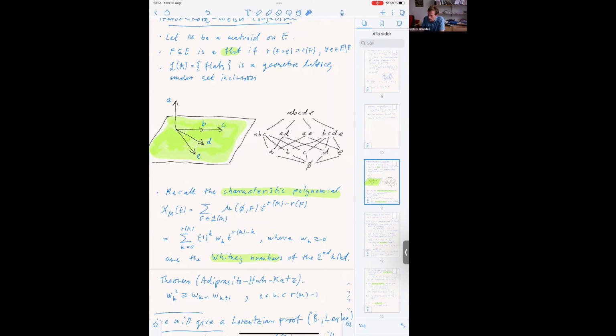So then this collection of all flats is a geometric lattice. And here we have one example of such a thing with 4 vectors in a plane and then 1 vector orthogonal to the plane. And this leads to this lattice.